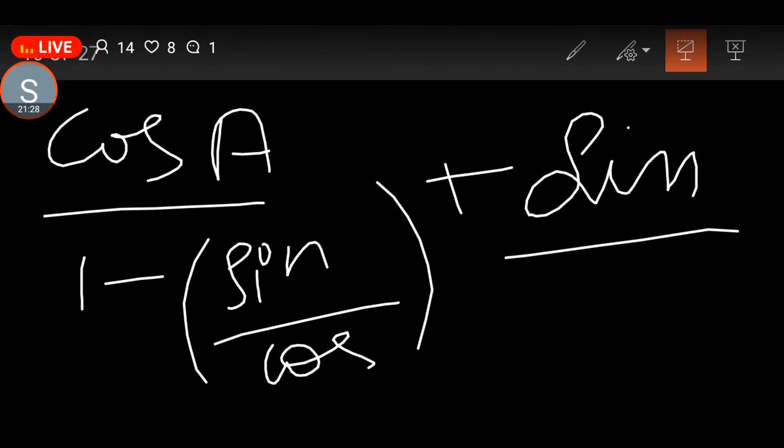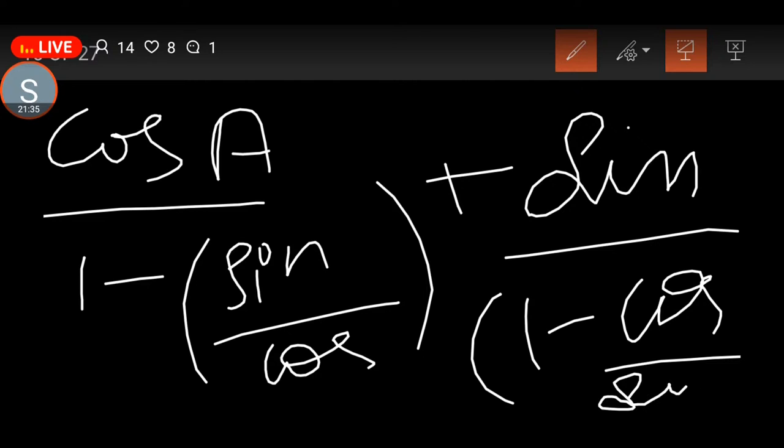Now write sin theta, 1 minus cos by sin. This will be the expansion of tan and cot in terms of sin and cos, right? After you do this, now take the LCM.